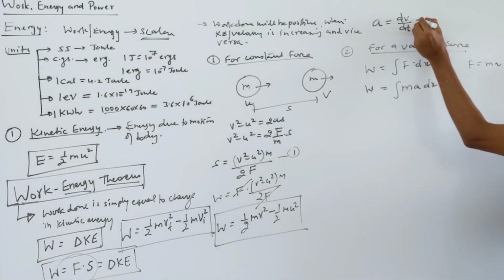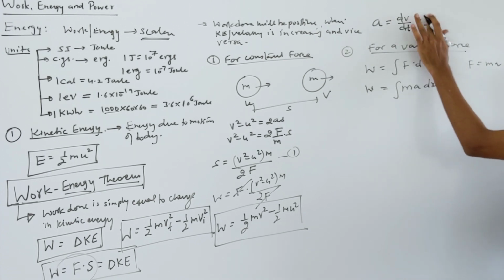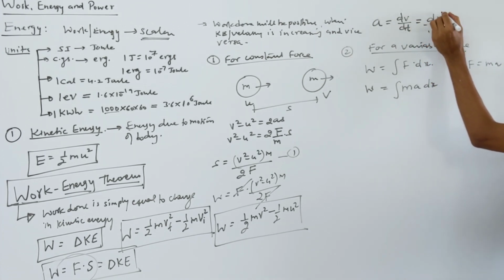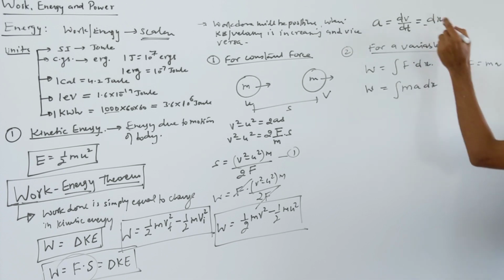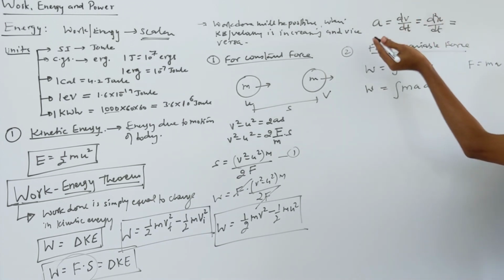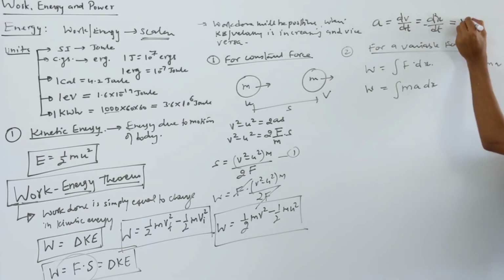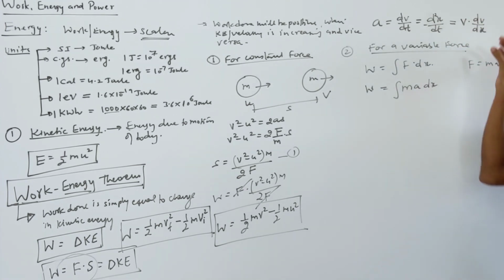You can also write it in terms of displacement, because the double differentiation of displacement is also acceleration. Or you can write it in terms of velocity and displacement, as v into dv by dx.